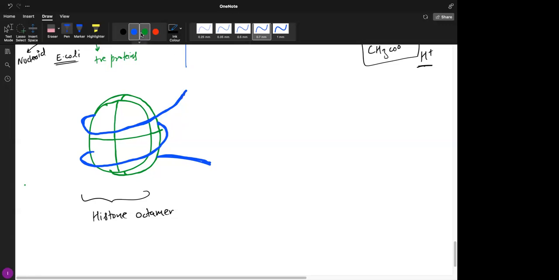When it goes out, this is your DNA that is coiled around and then it goes away.